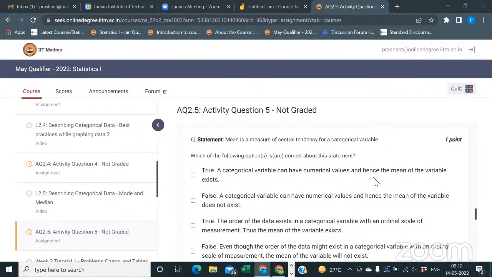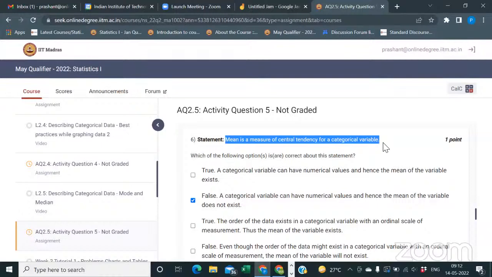Sir, I'm not sure how we can find the mean, because in the video lecture we mostly have the mode and median, not the mean. You cannot find the mean for a categorical variable. See, mean is something you can calculate only for a numerical variable, not a categorical variable.